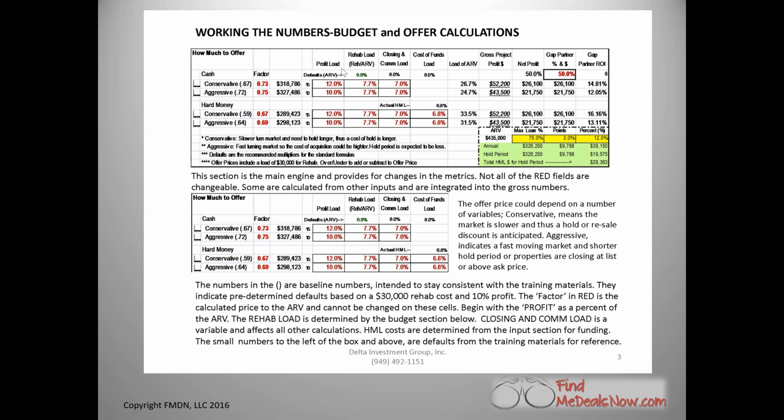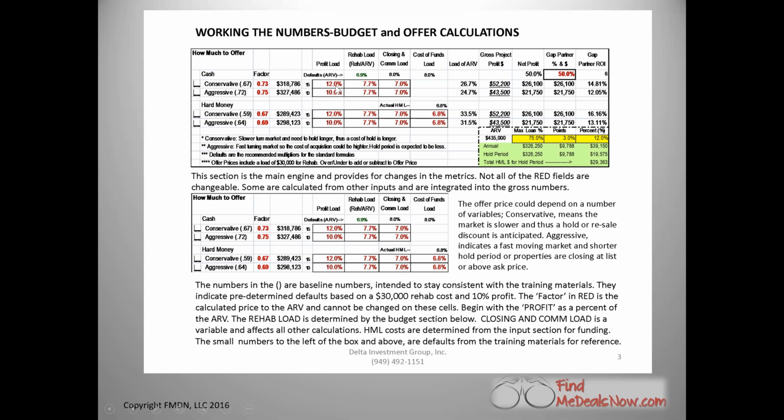Again, the bold red, other than this factor here, are generally numbers you can put into the system. And again, we will go live and play with these numbers. But in this case, I'm saying that the profit load is 12%. That's based on an annual profit, not annualized. We'll get to that point in a minute.